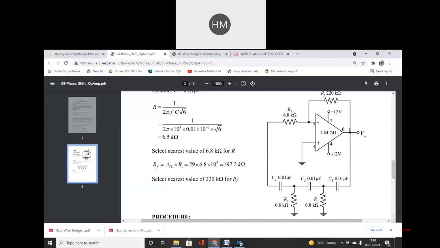Second thing, the output of the operational amplifier is connected with this CR combination. This CR combination will provide the remaining 180 degree phase shift which is required for oscillation.